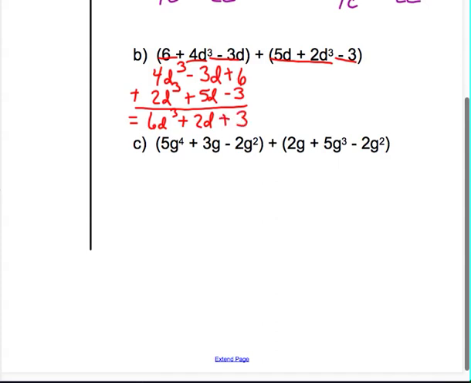For our last example, what we need to be careful of is that the degrees on each polynomial don't match up. So when I'm looking at my first polynomial, putting this in standard form, I've got 5g to the 4th minus 2g squared plus 3g. Let's fix that real quick.